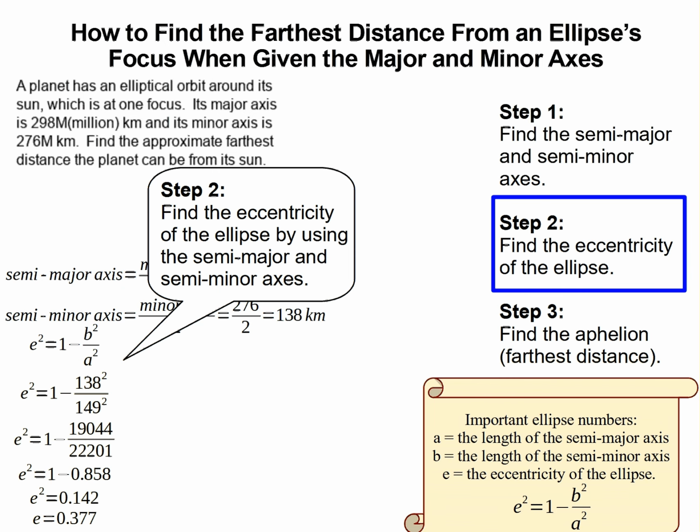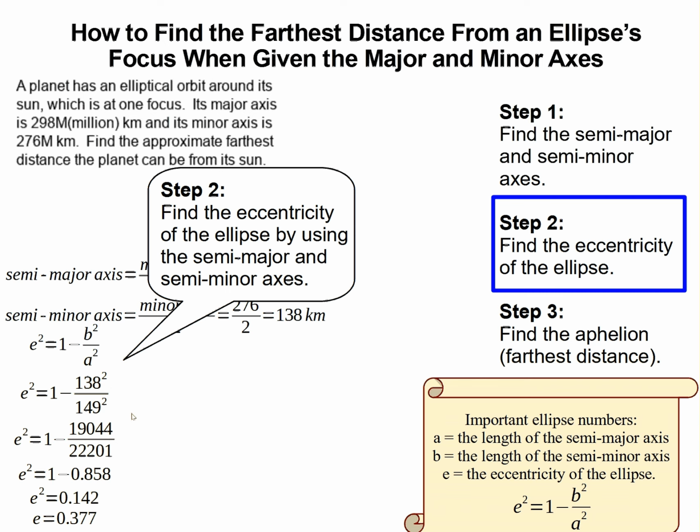Here's the equation right here, and I even put it in this handy dandy scroll right here. E is the value we're looking for, B is the semi-major axis, A is the semi-minor axis. So I simply substitute the values I got from step 1, semi-minor, semi-major.